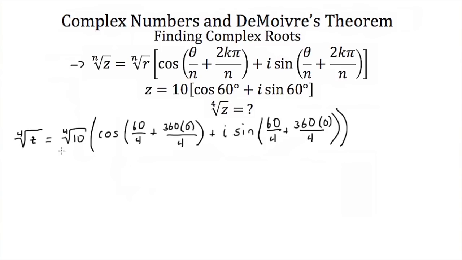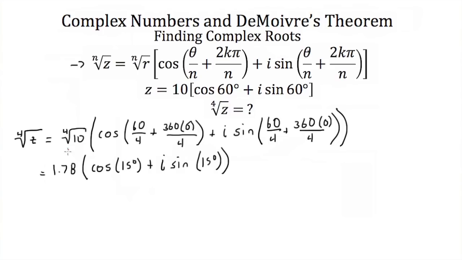The fourth root of 10, that's 1.78 approximately. 60 over 4, that's 15 degrees. 360 times 0 is 0. 0 divided by 4 is still 0, so we have the cosine of 15 plus i times the sine of 15. And this is our first solution.